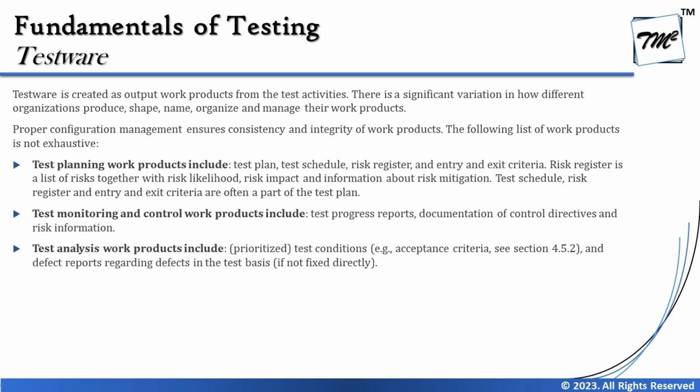Similarly, if I move on to the next part, that is test monitoring and control work products. These include the test progress report, documentation of control directives, and risk information. As part of monitoring, we are keeping an eye on different metrics as part of the progress of the life cycle. At any point of time, we may create a test progress report, specifically at certain milestones.